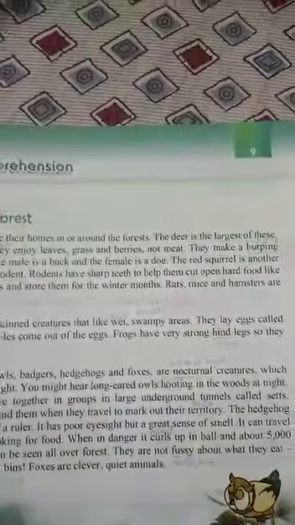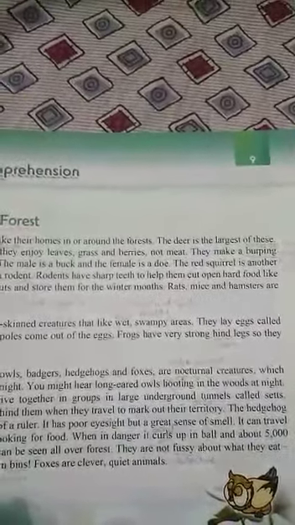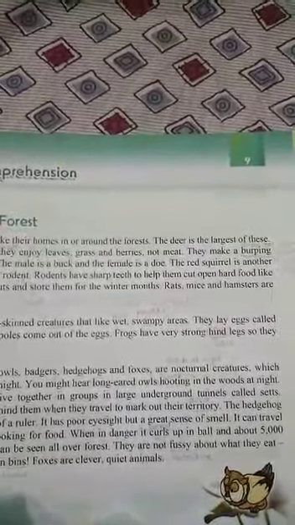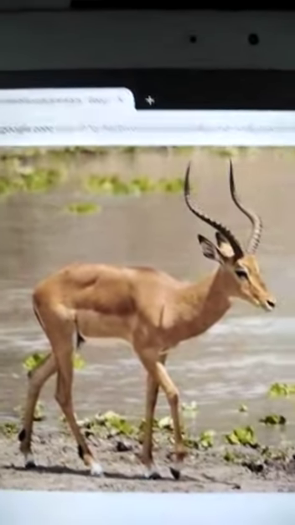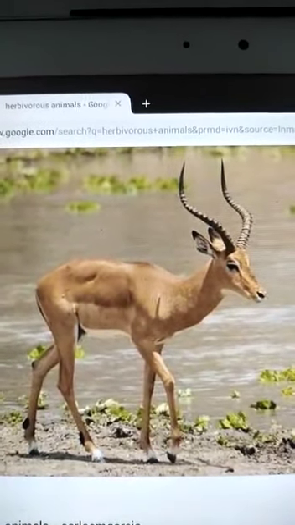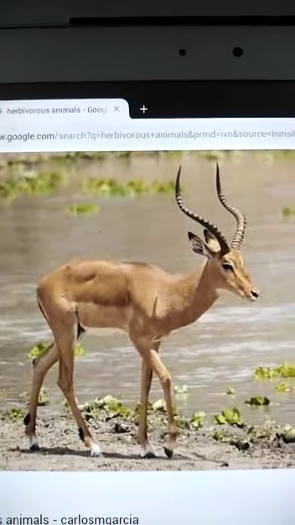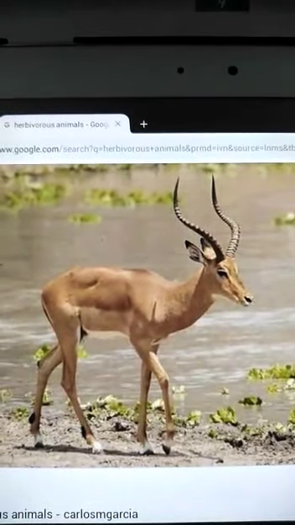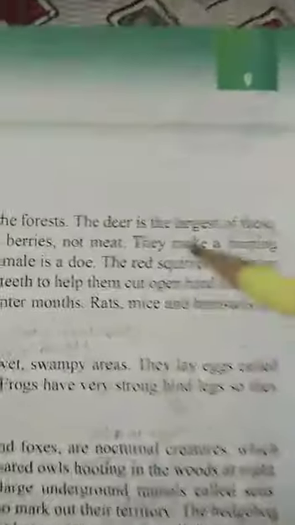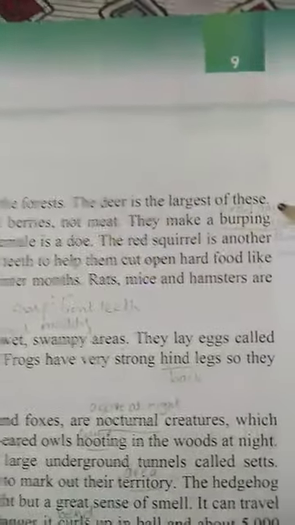Now you all know about the deer, and I can show you the picture of a deer. Here you can see this is a deer clearly with long horns. So, come to the topic. The deer is the largest of these.